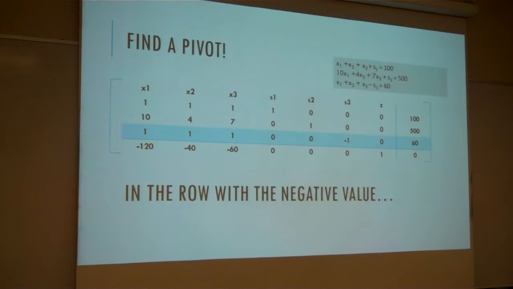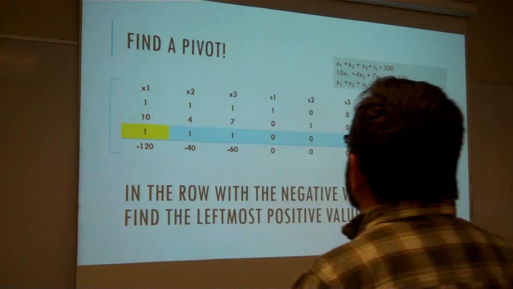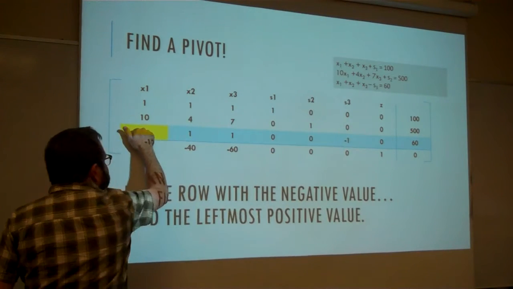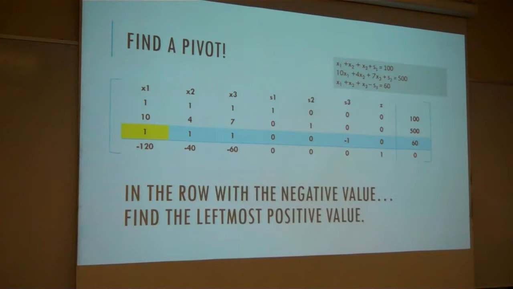And you pick the leftmost positive value, as explained in the table in the colored box in your book. In this case, it's the one I have highlighted in yellow. That is not the pivot, but that will be the column of the pivot. So your pivot is going to be in there someplace.